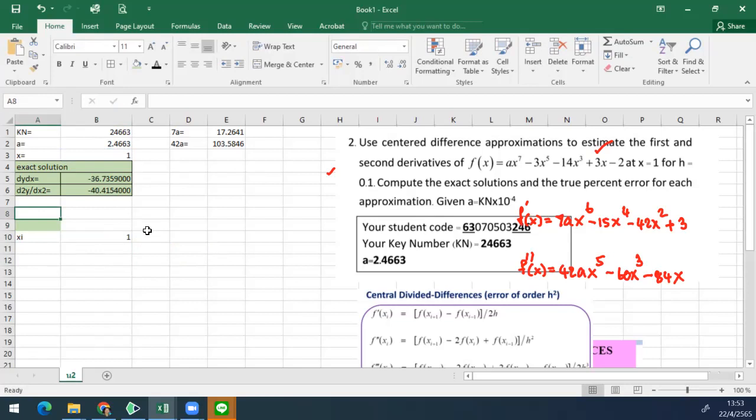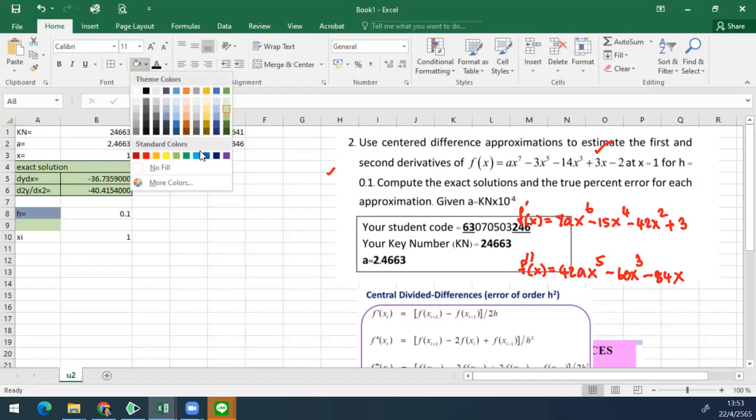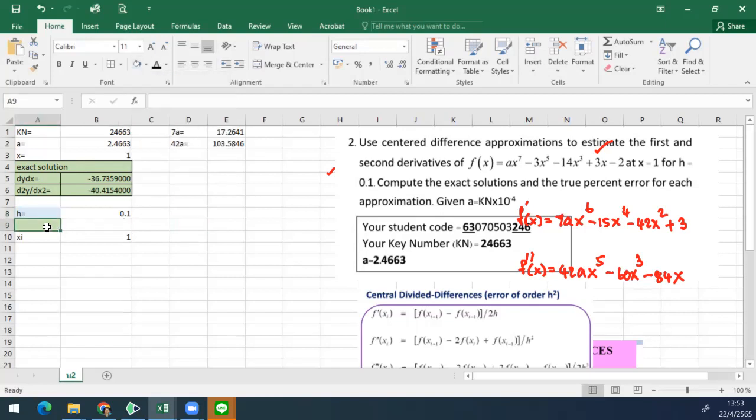We forgot h. So h is equal to what? h is equal to 0.1 for this case.